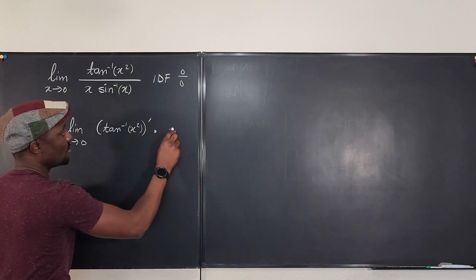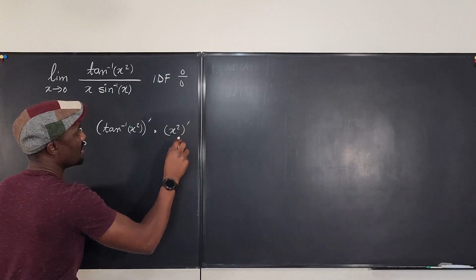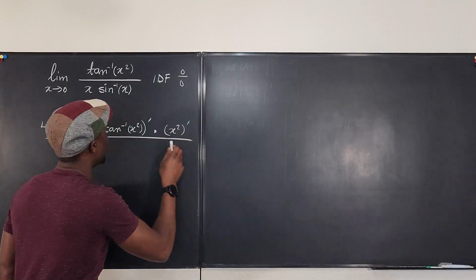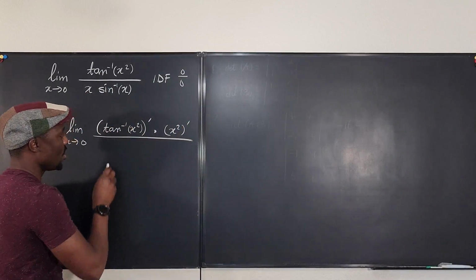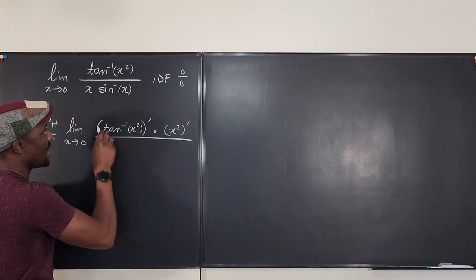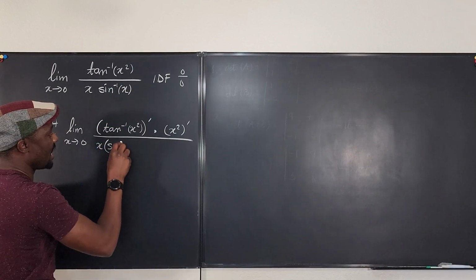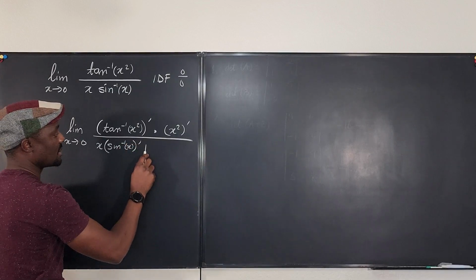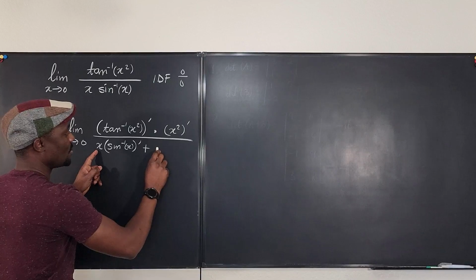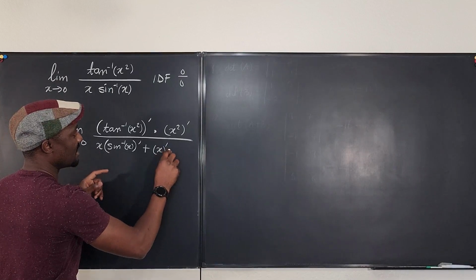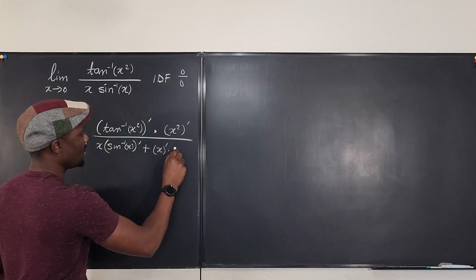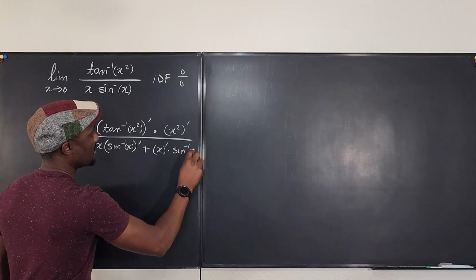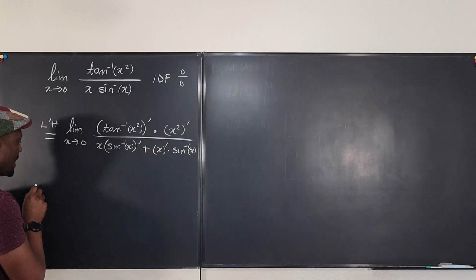So we apply the chain rule to this, the derivative of x squared, divided by, we apply the product rule here, which is going to be x times the derivative of arcsine x. Plus we differentiate the first, which is the derivative of x, times, you keep the second, which is arcsine x. So this is basically what we're writing.